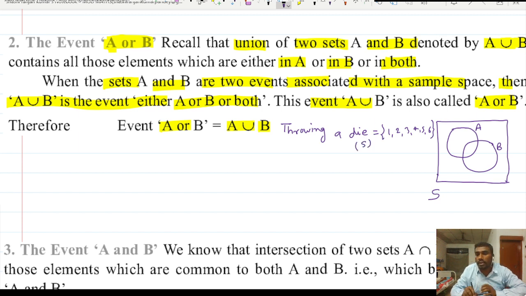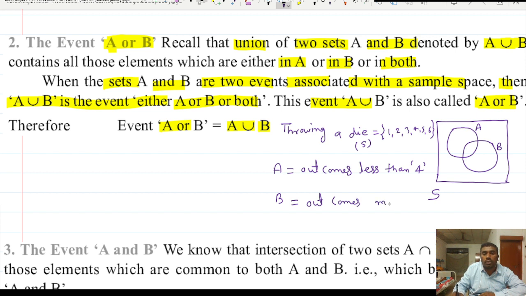Now let us suppose A is an event in which the outcomes are less than 4. Let us take B as an event in which the outcomes are more than 2.